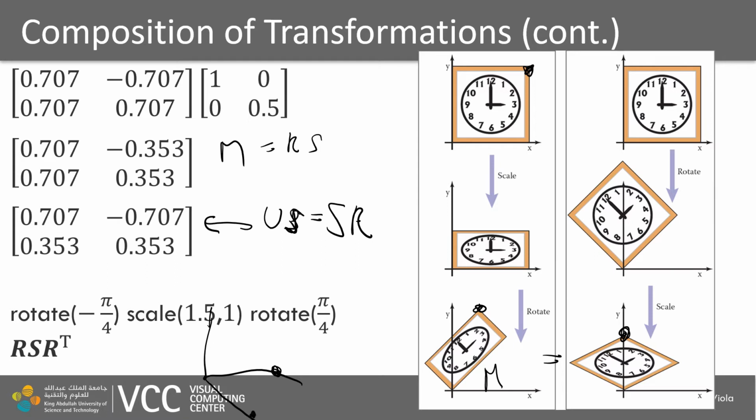Now we have first, no, but this is wrong because we have started again from the left side. We need to read it from the right side. So this is wrong, forget about this. And now we have this 45-degree rotation. And now we have the scaling, where we scale the x-axis with 1.5 and the y-axis with 1.